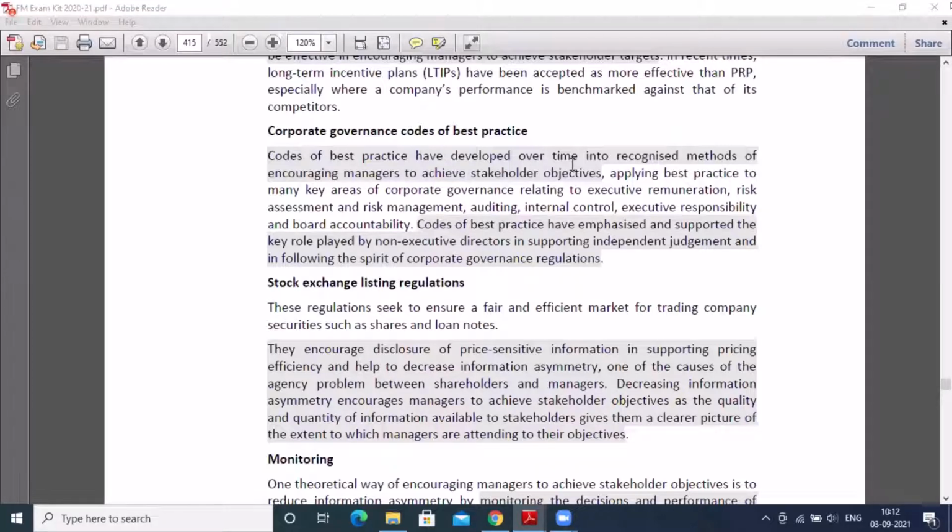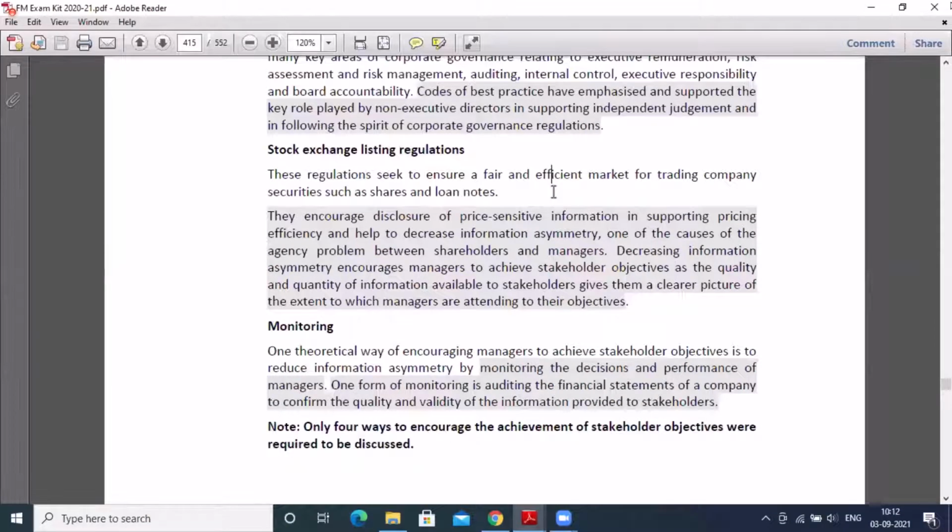If a company wants to list its shares in the stock market, there are certain listing regulations, and believe me, these listing regulations are very complex.